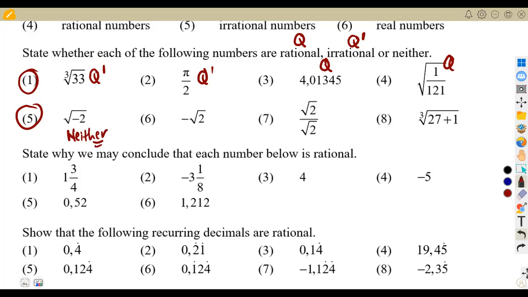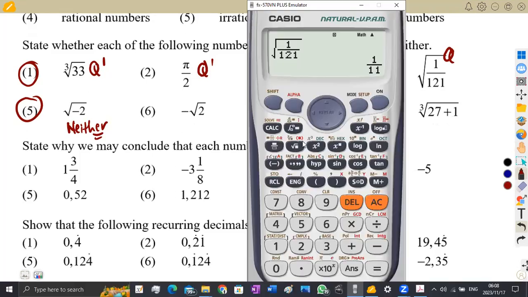You can check on your calculator, but you must know that the square root of a negative does not exist mathematically. So that's the square root of -2 like this. Sorry, I forgot to put the square root here. The square root of -2 like this. So that's math error to show that this does not exist mathematically. So we do not have this part in our mathematics.